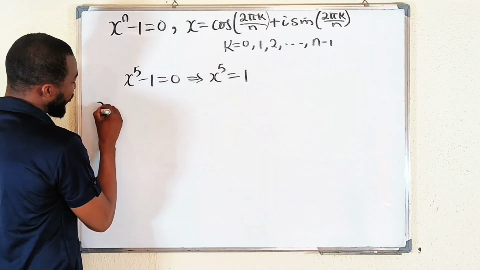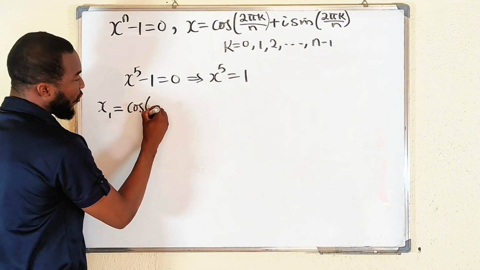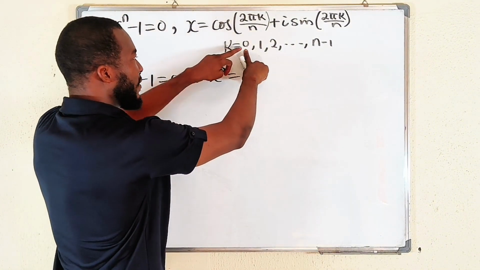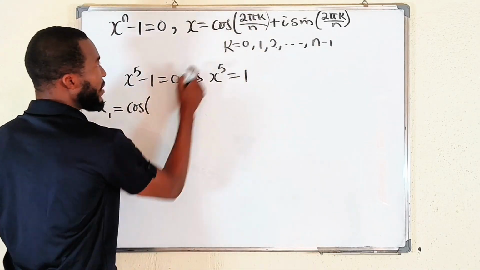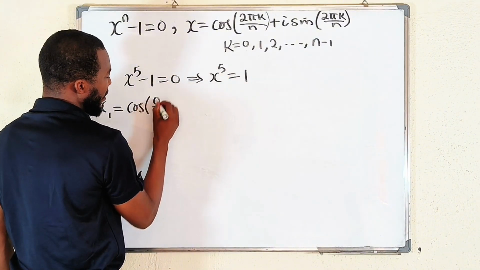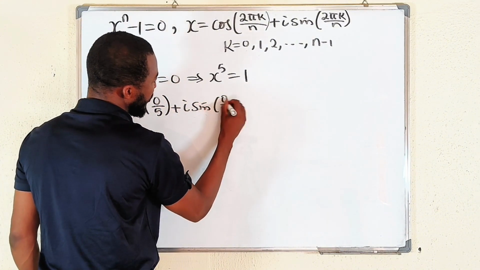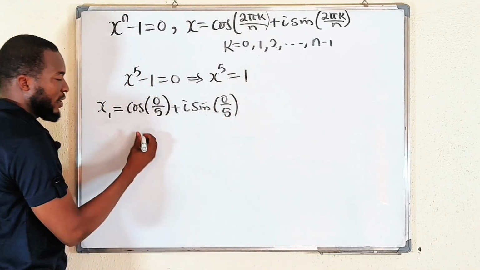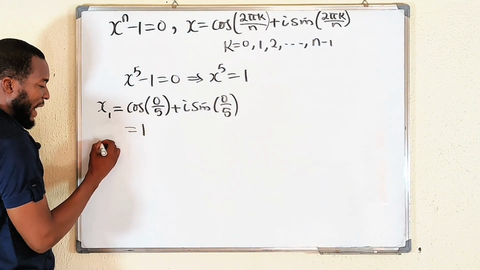We have x1 to be what? Cosine of, when k is 0, everything on top will be 0 divided by n, which is 5, plus I sine of 0 divided by 5. This is going to give you 1 plus 0, which is 1.